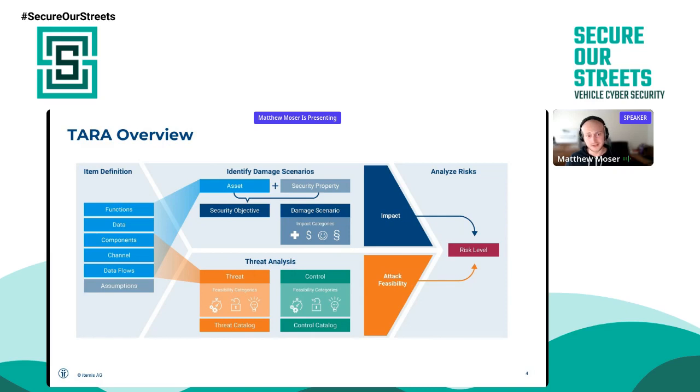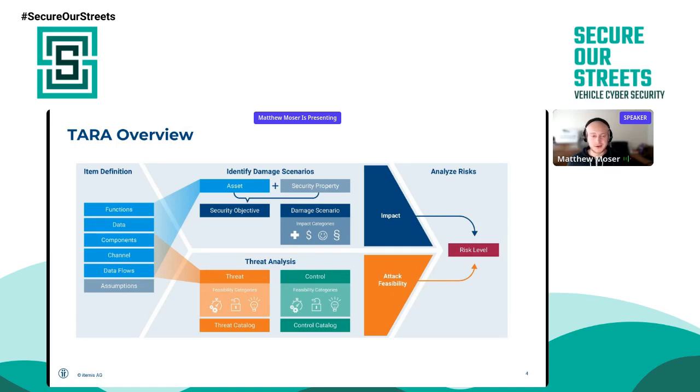The standard is the CIA triad. This creates security objectives as well as damage scenarios should the security objective fail, which then gives us an impact rating for given categories. Then we can determine what would actually be the end effect on the road user should a damage scenario come to fruition.